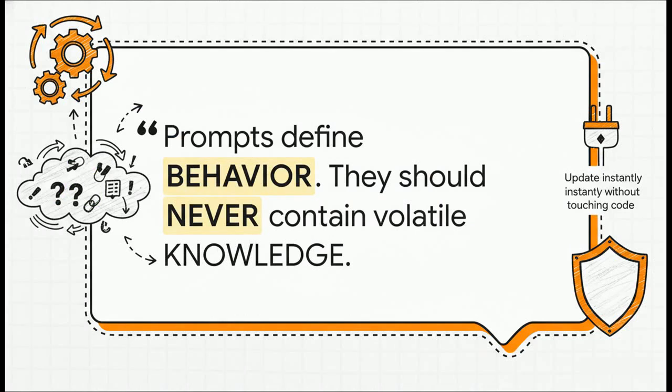So the single most important thing to take away from this is this. Prompts define how the AI should act, not what it should know. Knowledge changes all the time, but the AI's core behavior, its personality, its process, that should be stable. By keeping that volatile knowledge external, you can update it instantly without ever having to touch your code.